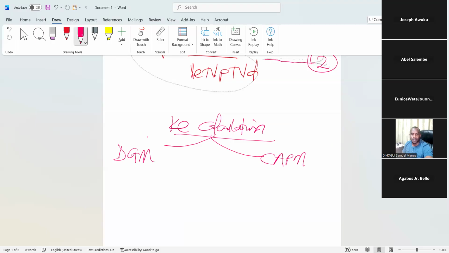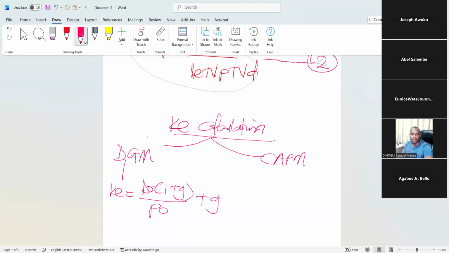Now, what is the formula for calculating KE when it is the dividend growth model? KE is equal to D0(1 + g) all over P0.